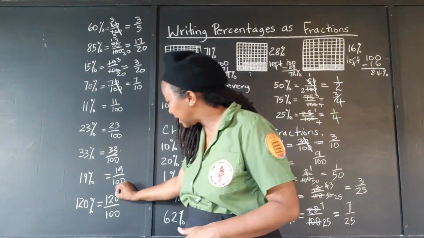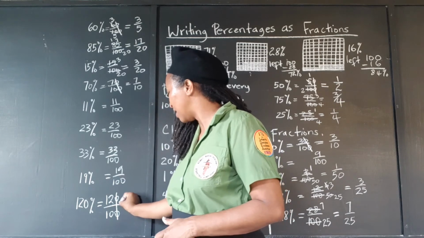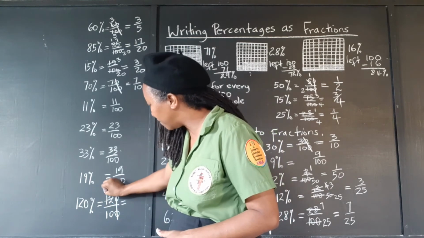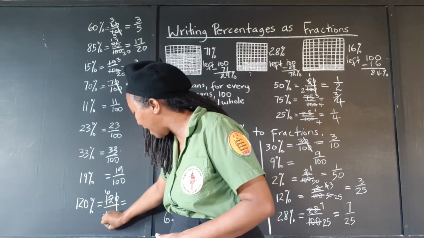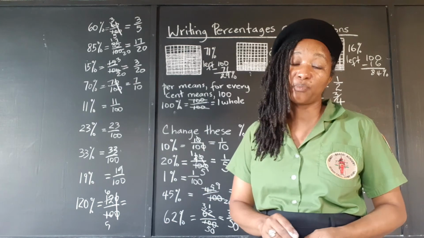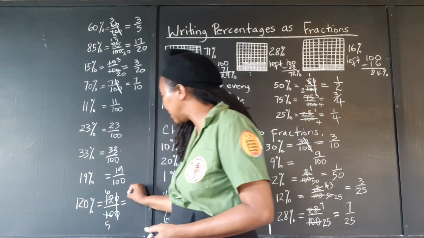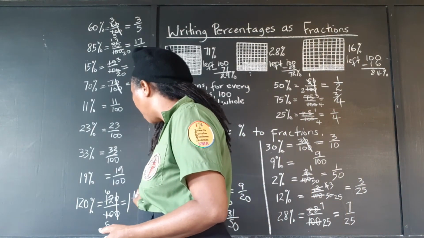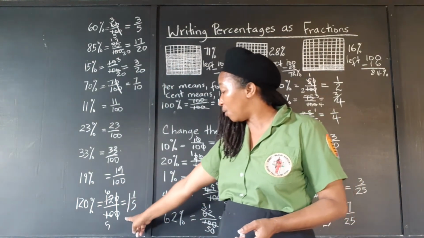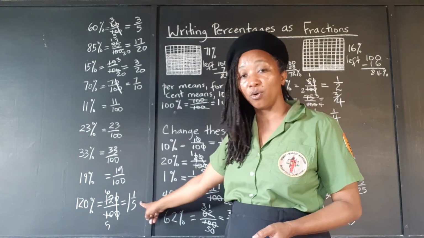So we can still cancel the zeros at the end, and we can cancel the 12 and the 10. 2 into 12, 6. 2 into 10, 5. 6/5. 6 over 5 is an improper fraction. 5 goes into 6 one time, remainder 1 over 5. So just like I said, we have one whole and then we started another whole.